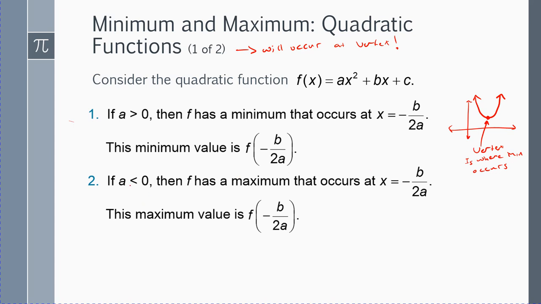The flip side is if a is less than 0, then f has a maximum that occurs at the vertex, so at x is equal to negative b over 2a, and this maximum value is f of negative b over 2a. The reason being is if you know it opens downward, like so, this vertex here is where the max occurs.